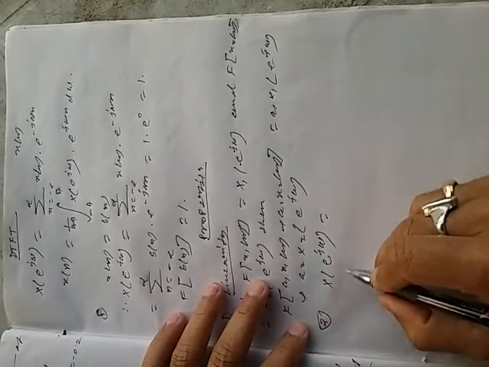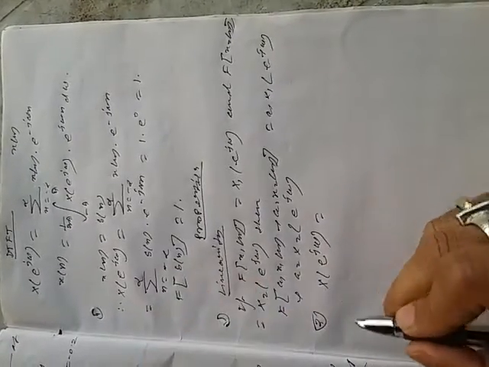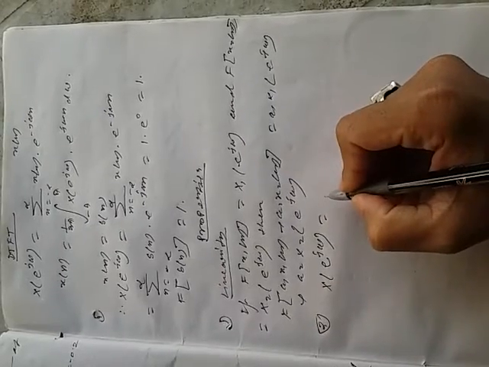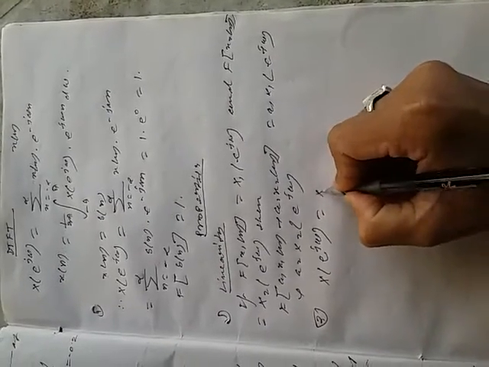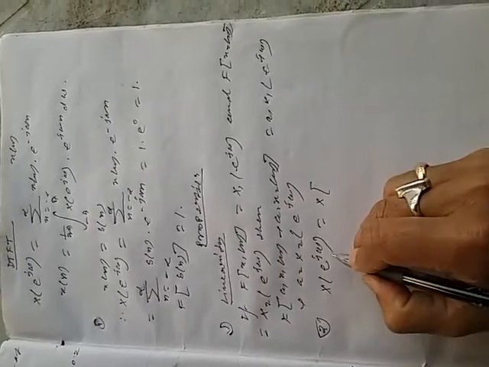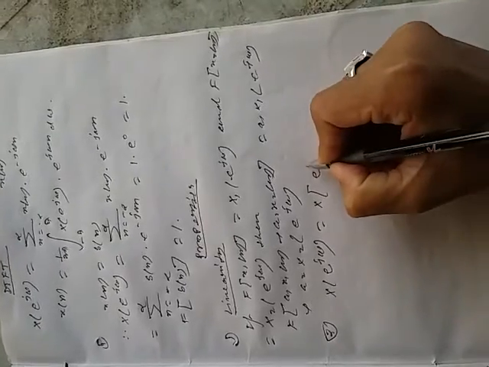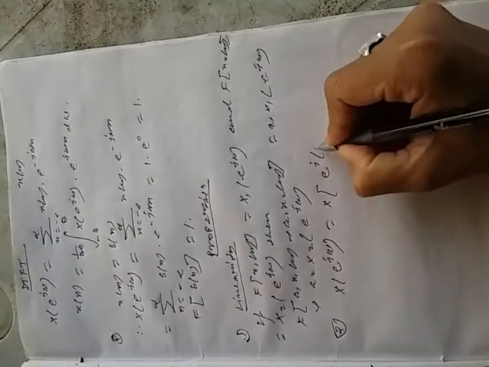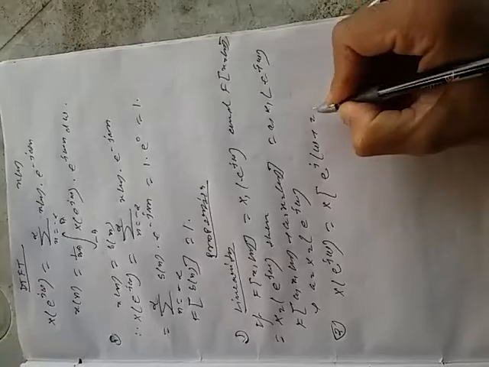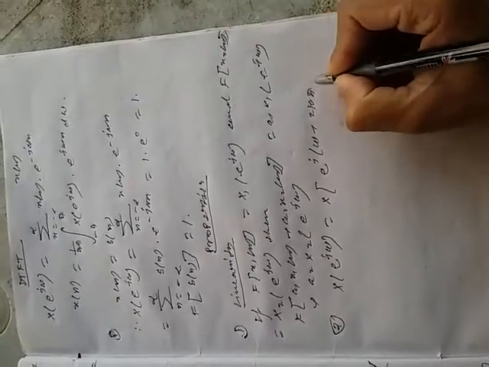So the whole function is a periodic function, so it should have a periodicity property. What is the periodicity property? X of e to the power j omega equal to X of e to the power j omega plus 2k pi. So this is the periodicity property.